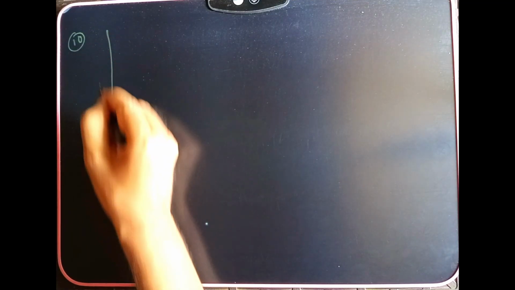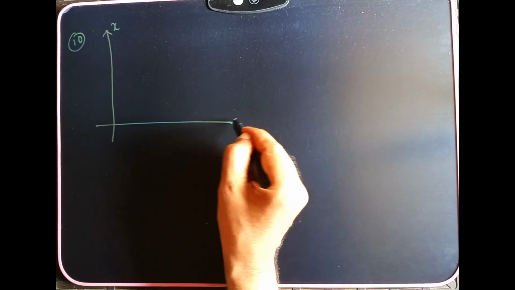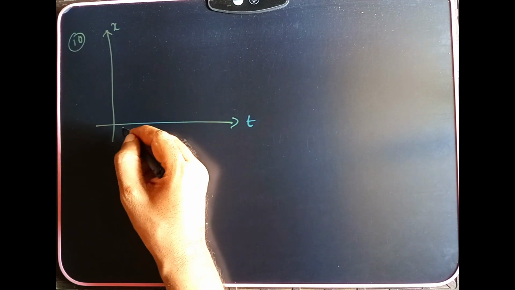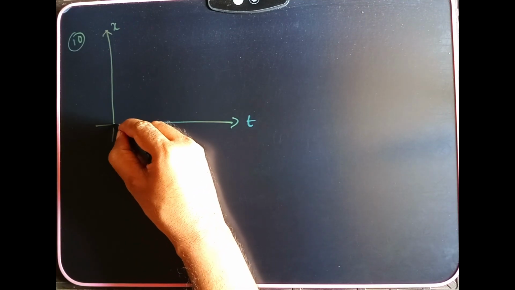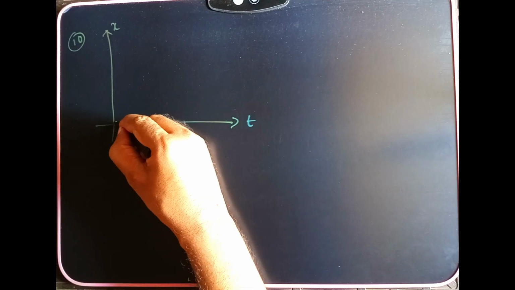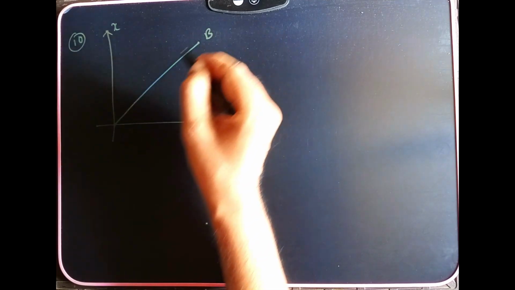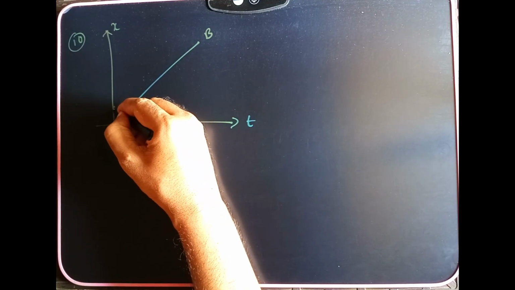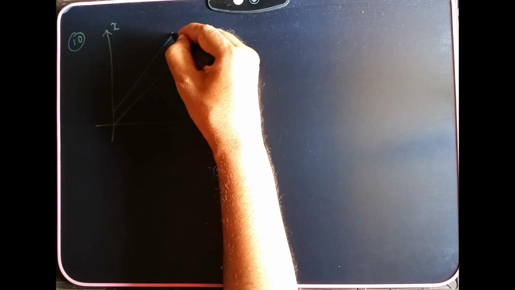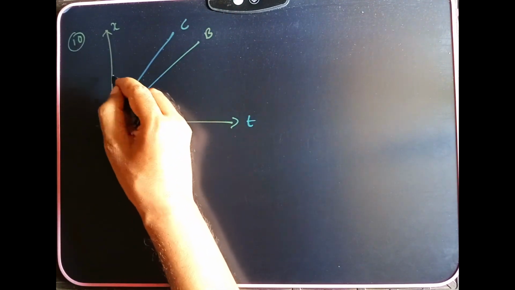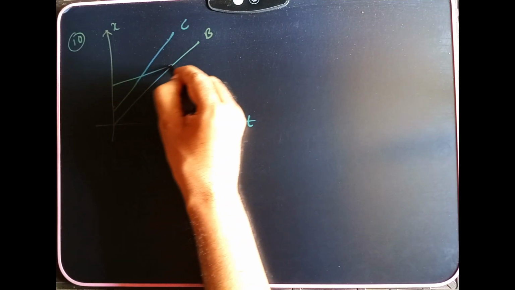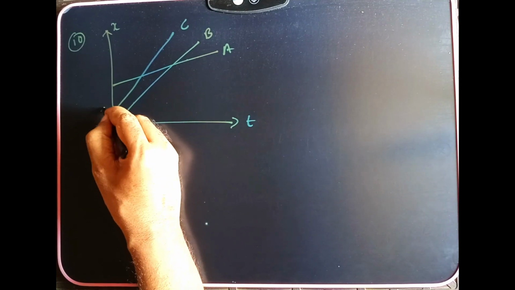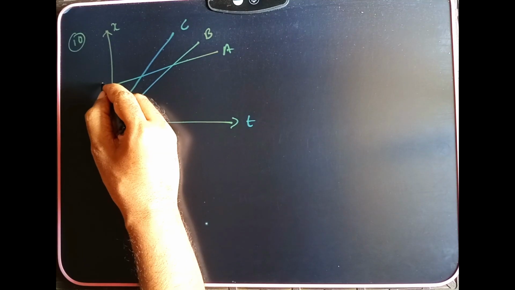This is a displacement-time graph, x against time t. There is one line, this is line B, this is line C, and then there is line A. Here the intercept is 2, here the intercept is 6.